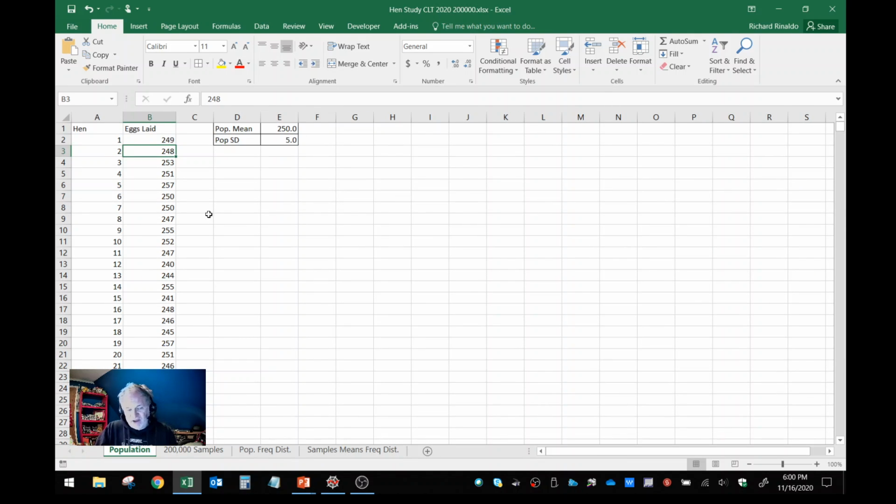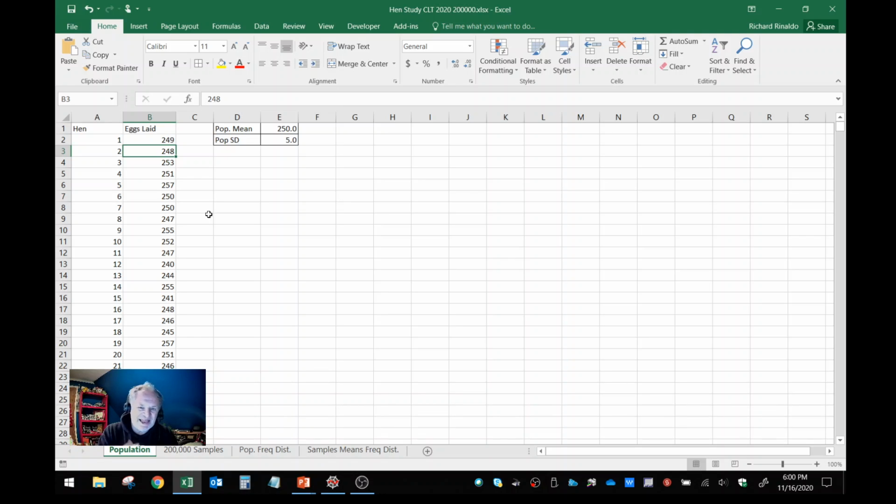So I drew 25 hens from this population of 200,000 hens, and then I calculated the sample mean for those 25 hens. I then went back and did this again. I sampled another 25 hens and calculated the sample mean. So what I have is one study with 25 hens, an artificial fake study, and I calculated the sample mean for those 25 hens.